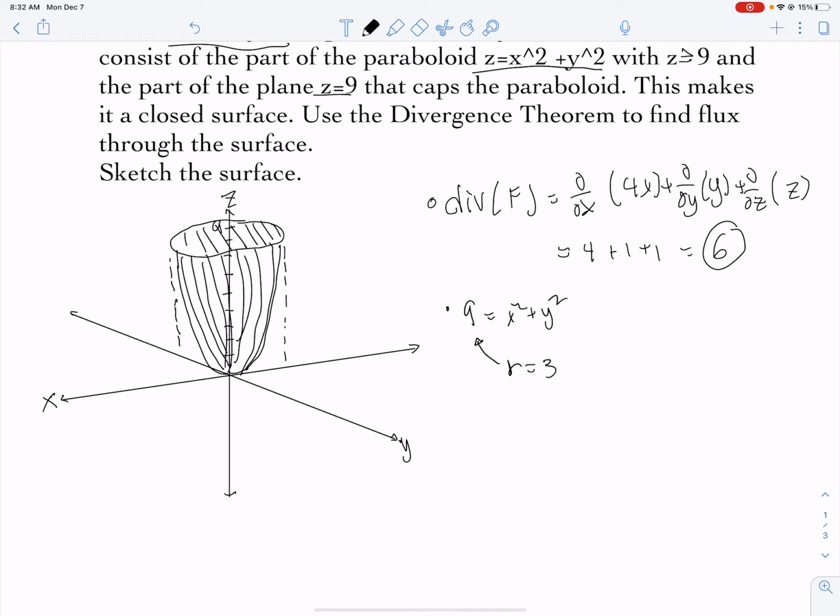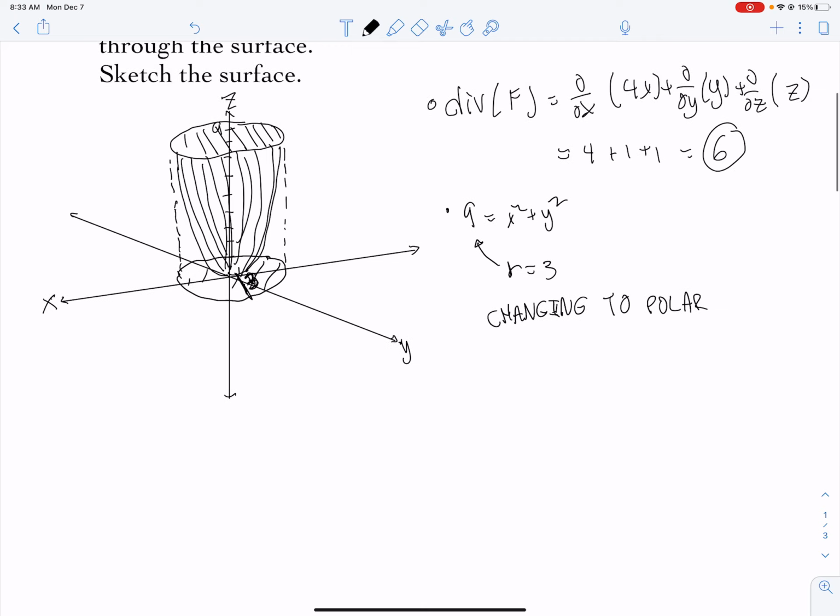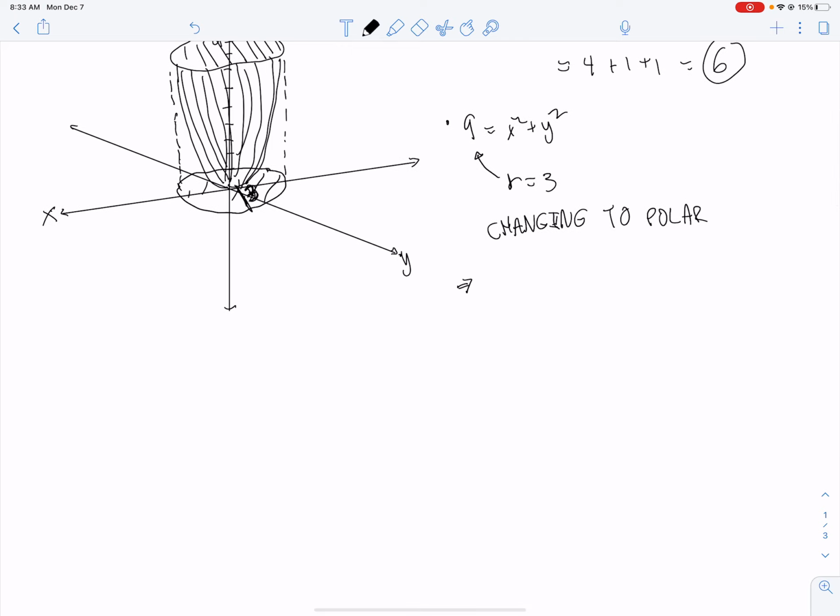As we project this surface onto the xy plane down here, we get a radius of 3. So changing to polar, we can now do our triple integral.